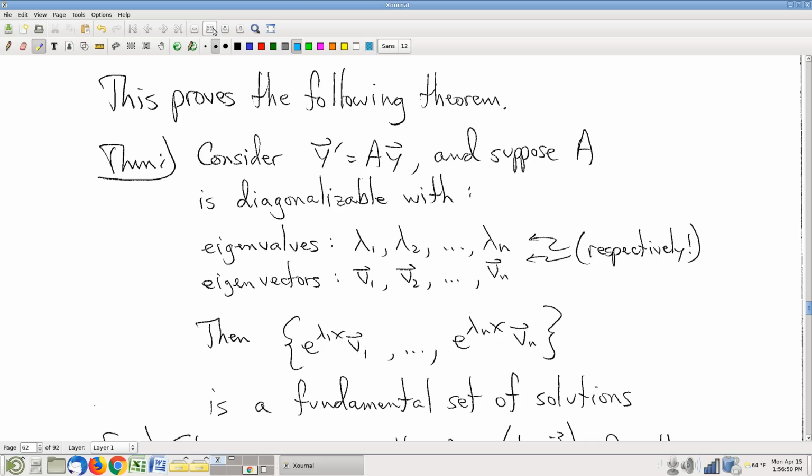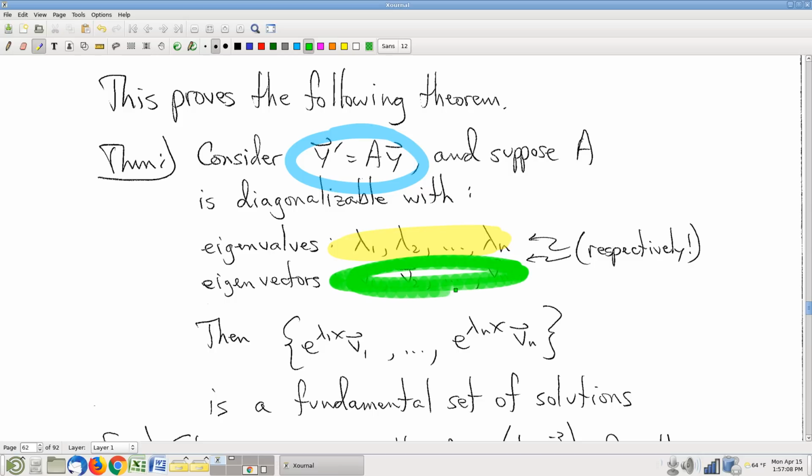So, if you're looking at your homogeneous diagonalizable system, it's gotta be diagonalizable. Don't forget, diagonalizable means you've got as many eigenvectors and eigenvalues as you could possibly hope for. So let's suppose that here's your eigenvalues, and that correspondingly here's your eigenvectors. Remember the alternative formulation of diagonalizability: you have all your eigenvectors.